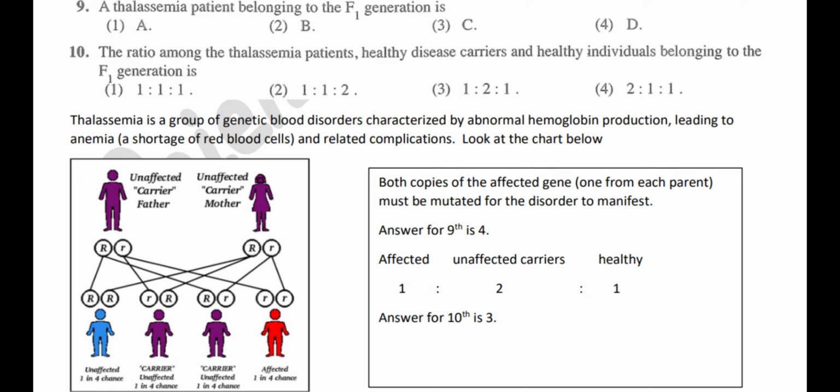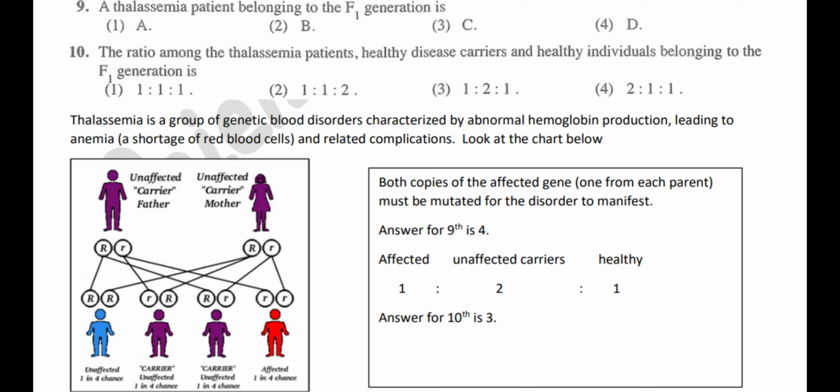It is not affected. We need both recessive genes to be affected by this disease. Then we have dad's small r going with mom's capital R, and that results in capital R, small r, which is a carrier, unaffected child. Then we have dad's small r going with mom's small r. This is the issue. This is the child who's affected.